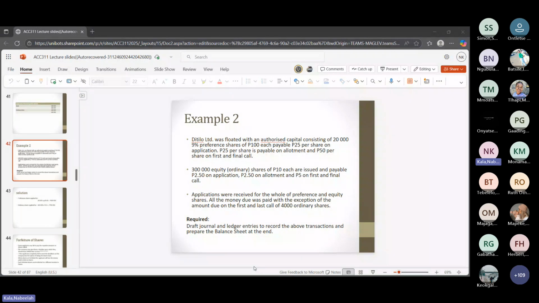So that one is simple. You simply say number of shares issued times price per share. Then when the directors approve and allot some shares, we debit bank and we credit share allotment.